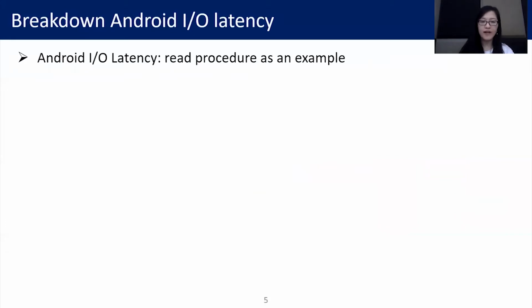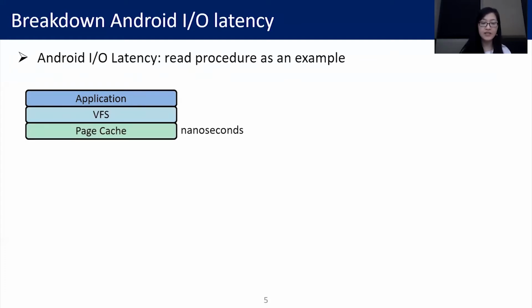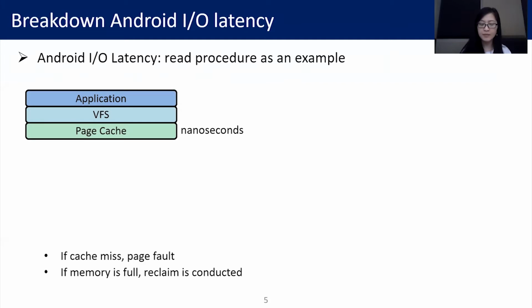So we broke down Android I/O latency. Let's take the read procedure as an example. When an application reads a page in the I/O stack, the kernel searches for the page in the page cache. If cache hit, the access latency takes about 100 nanoseconds to complete. If cache miss, a page fault is generated.